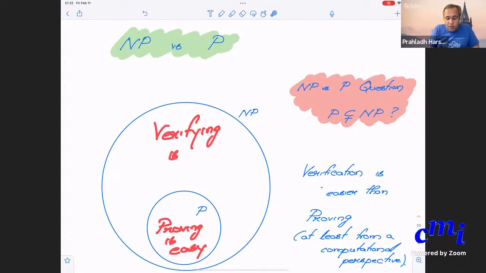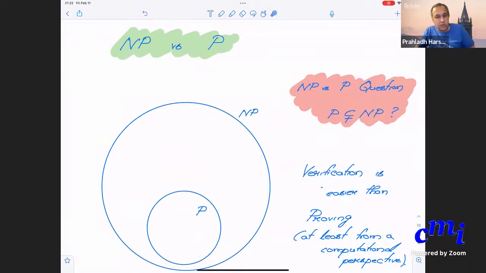Certainly one is within the other. If you can prove, you can also verify. So certainly P is contained in NP. That's why this figure looks like this.